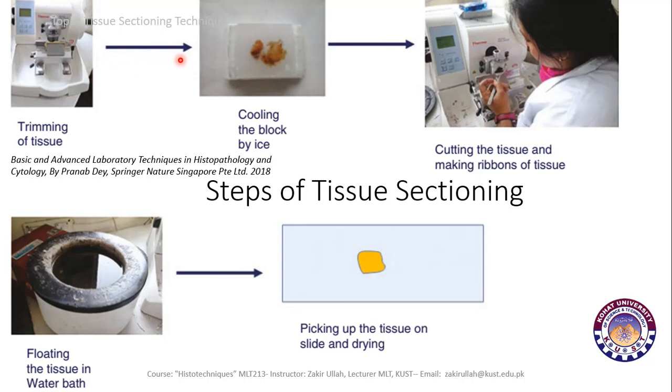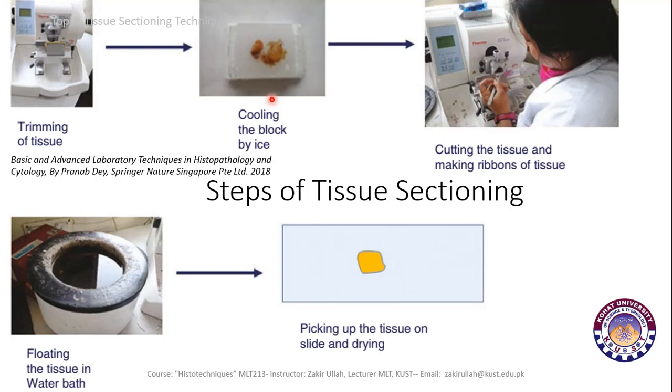After trimming, the block is placed on ice so that it gets cooled, because when it comes in contact with the blade it gets heated, and there may be chances of tissue distortion when a large amount of heat is produced.